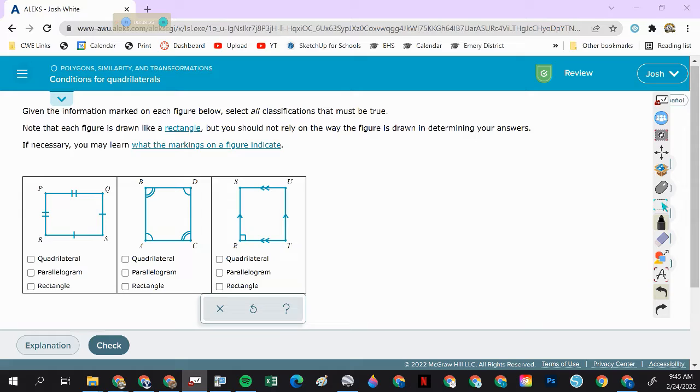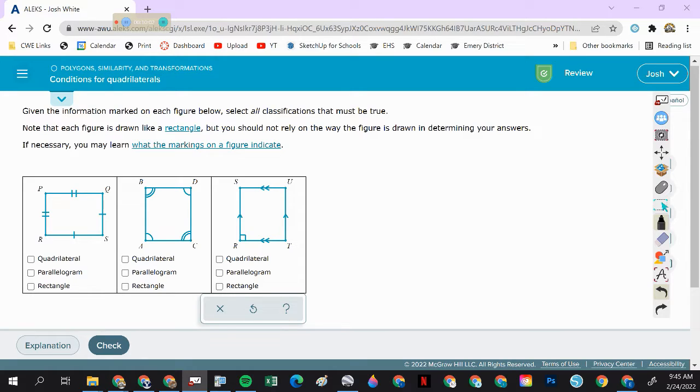Do we know that this line is parallel to that line? No, we don't. In fact, this is more of a kite shape. Right? We have these two equal and those two equal. We don't know anything about the slopes. We don't know anything about parallel, so we cannot say it's a parallelogram. Can we guarantee it's a rectangle? Do we know that it has 4 right angles? We don't. So all we know is that that is a quadrilateral.